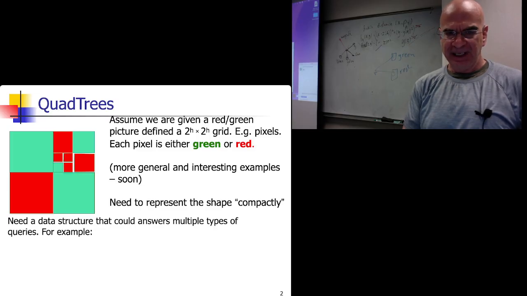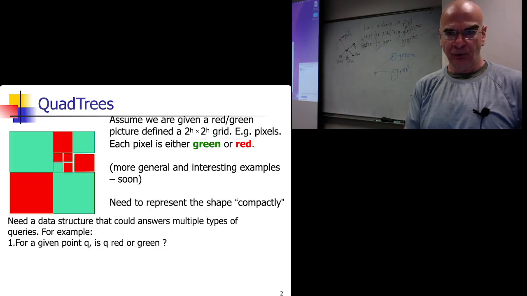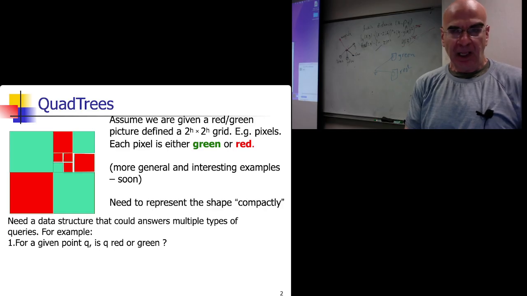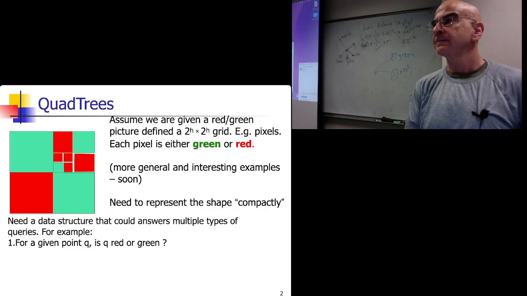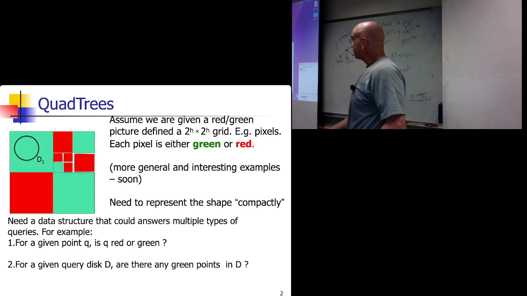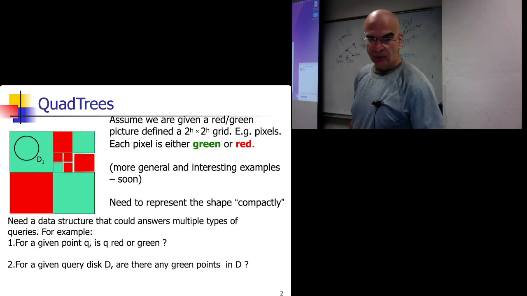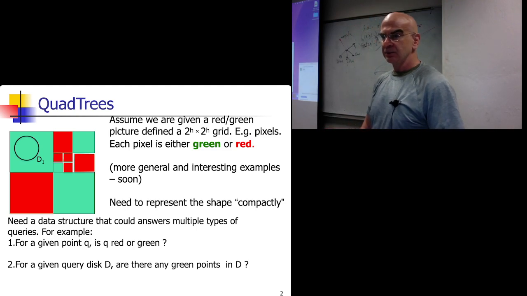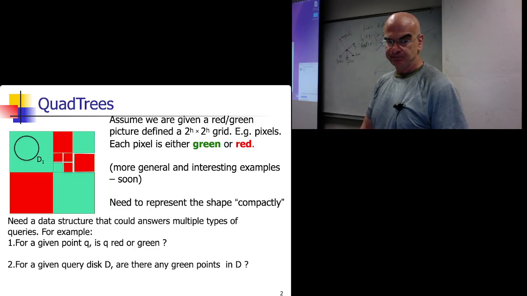And what are various types of operations? I will see various types of queries, like given a query point Q, I just landed at a point. Did I land on a green pixel, or did I land on a red pixel?